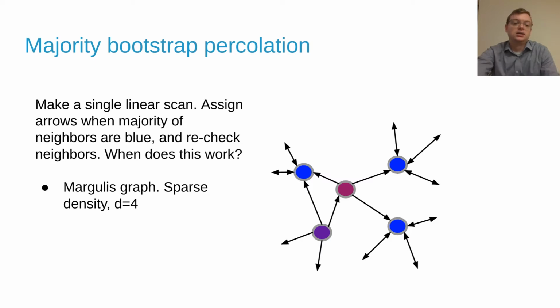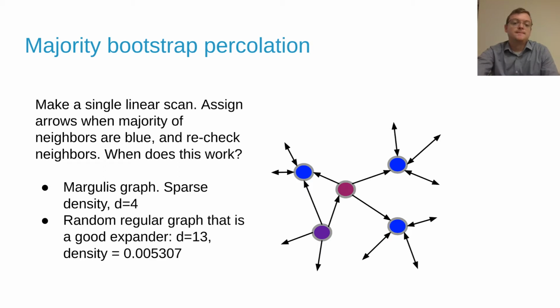Then you get that this is going to work with high probability. Or if the density is below some fixed constant, that's good enough for a random regular graph of degree at least 13 if odd, or at least 16 if even.